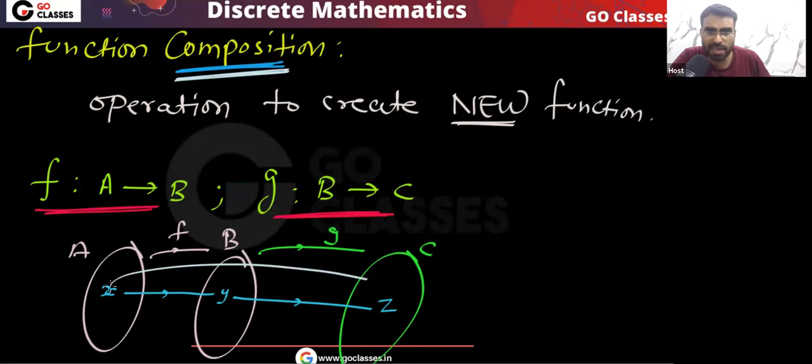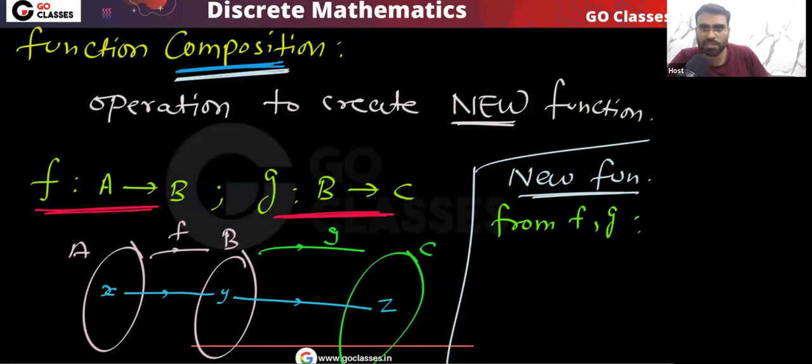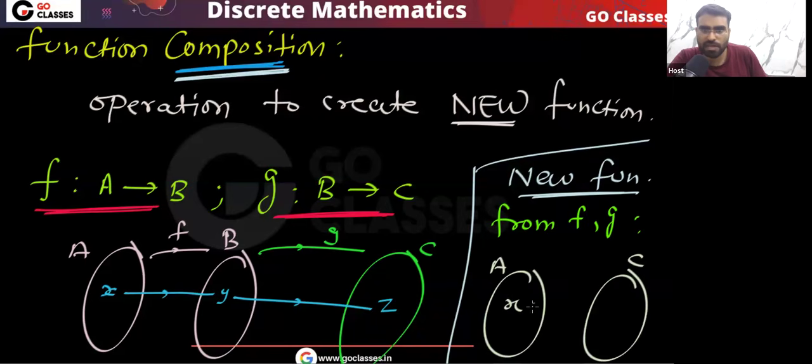That new function will be like this: X is mapping to Z. The new function that you create from F comma G will be that X is mapping to Z. So you are creating a new function from F comma G, where X is mapped to Z. This is the new function that you have created.